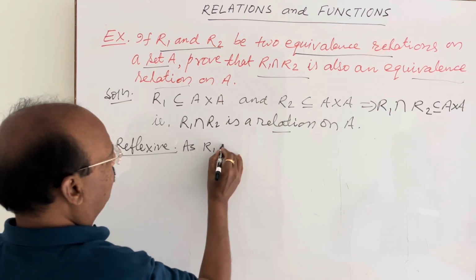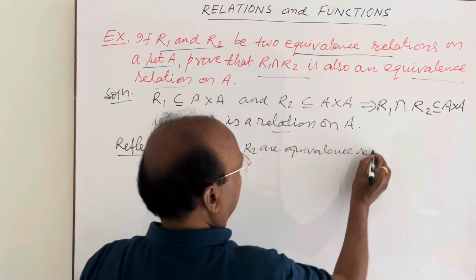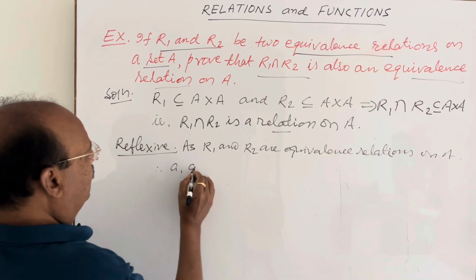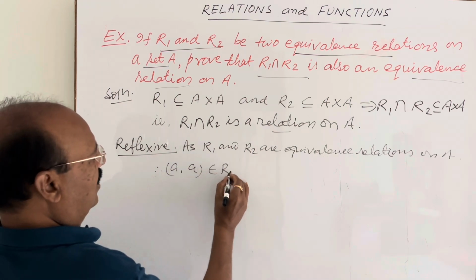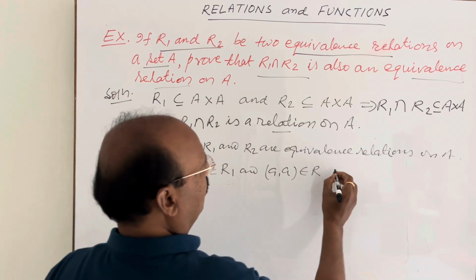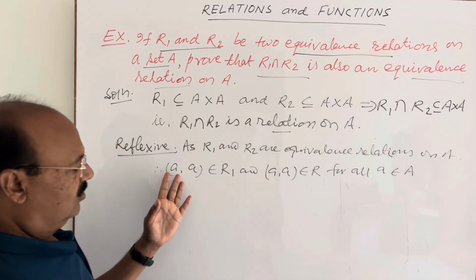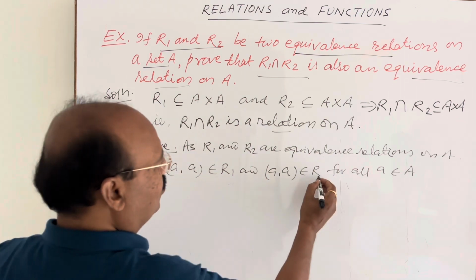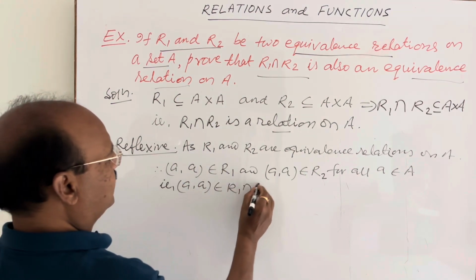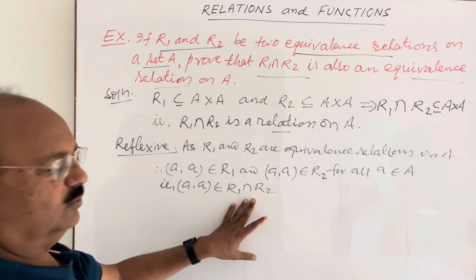As R1 and R2 are equivalence relations on A, therefore the ordered pair (a, a) belongs to relation R1 and also (a, a) belongs to R2, for all a belonging to set A. So (a, a) belongs to R1 and R2 both, it means (a, a) belongs to R1 intersection R2, because belonging to both the sets, it will belong to the intersection of these two sets also.